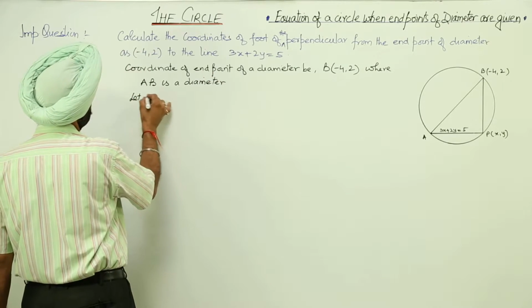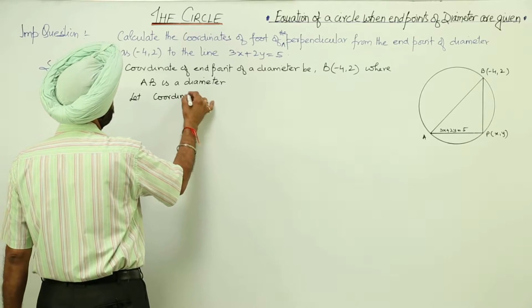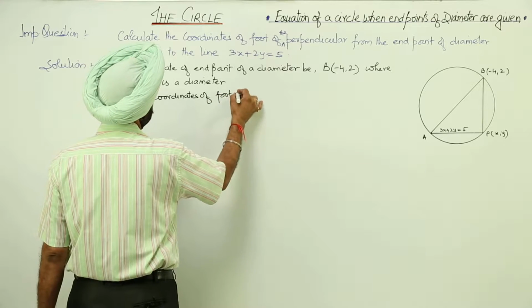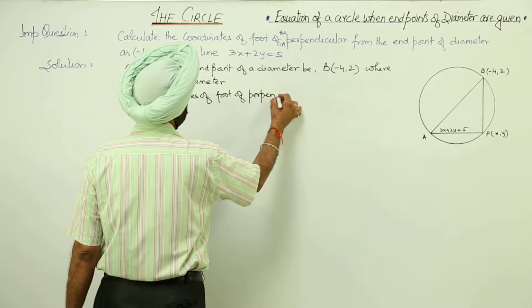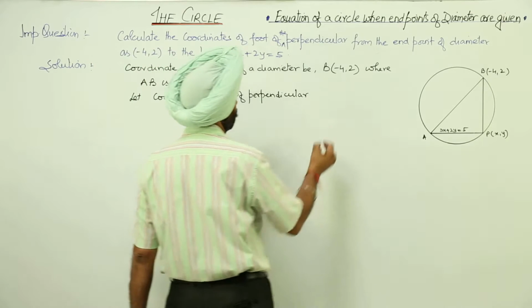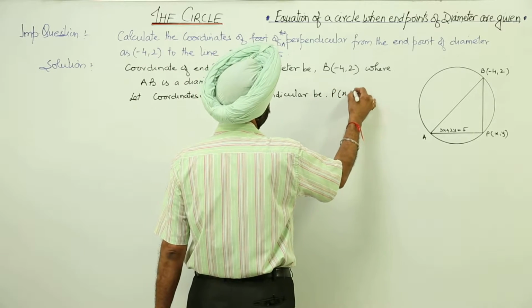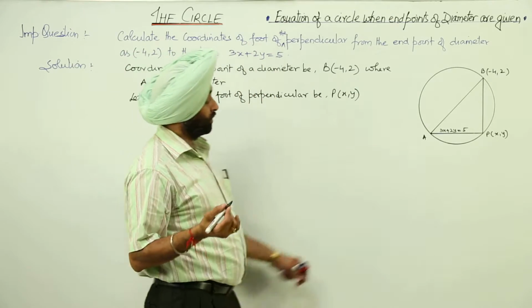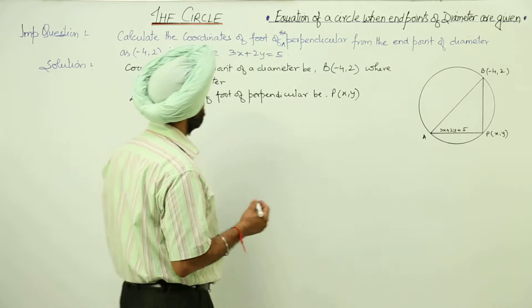Let the coordinates of the foot of perpendicular be P(x, y). We are already aware that angle P is 90 degrees as AB is a diameter, angle in a semicircle.